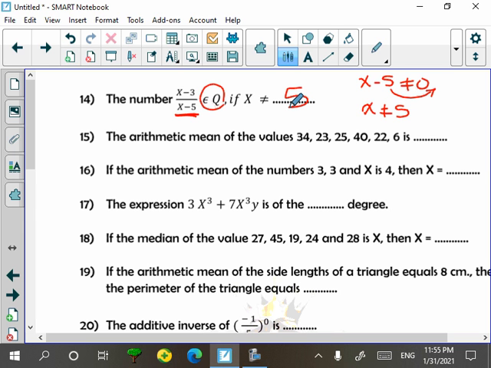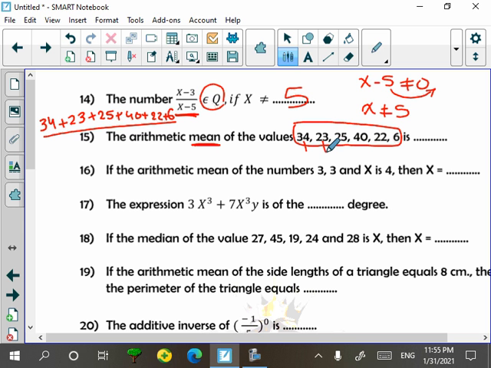Number 15, the arithmetic mean of the values 34 and 23 and 25 and 40 and 22 and 6. How can we find the arithmetic mean? The arithmetic mean between the values, we will sum all the values divided by its number. Again, we will sum 34 plus 23 plus 25 plus 40 plus 22 plus 6 divided by the number 1, 2, 3, 4, 5, 6.